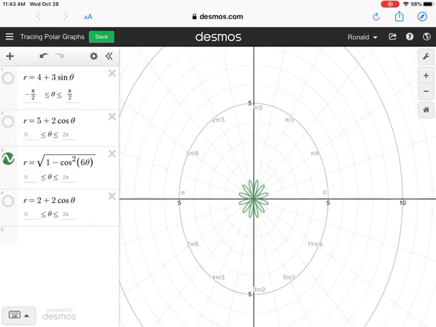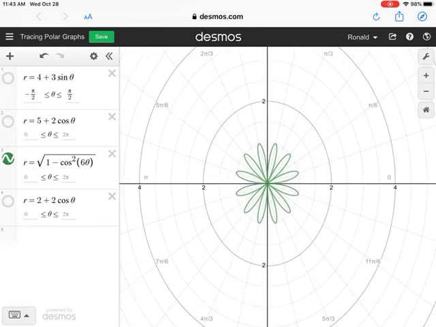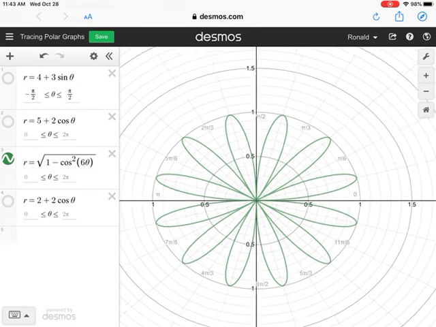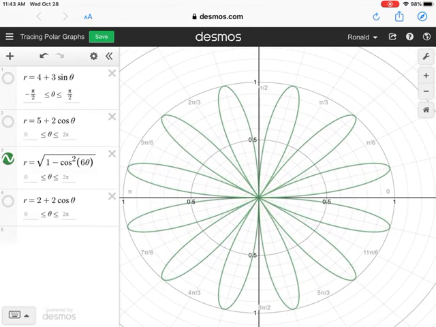Whoa, let's make it larger. Okay, so that's what the curve looks like, and we want to find the area that it's enclosing. That's basically going to be the area within each of all of these many, many petals. It looks something like a rose curve.